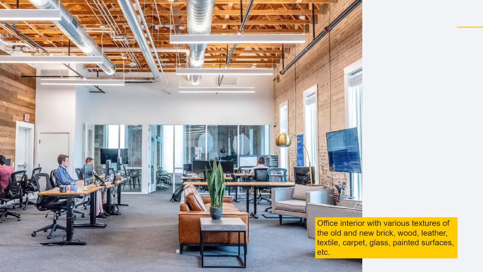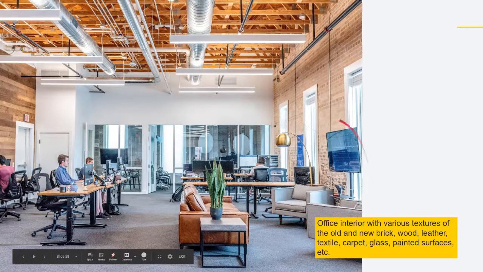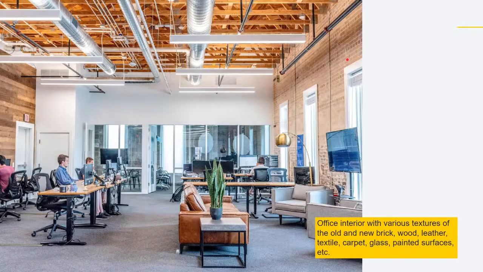In office interior spaces, you have various textures of materials to break the monotony of, let's say, a white wall. In this interior, you have different visual and tactile textures playing in the space.